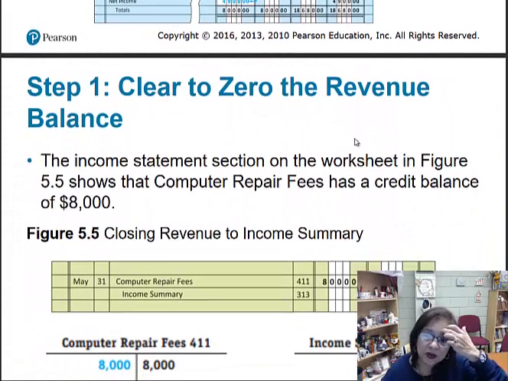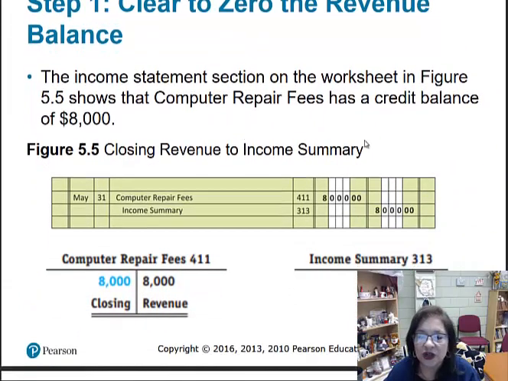To clear the revenue balance, this is what we're going to do. Your revenue, of course, okay, is a credit balance. So you're going to then debit it to zero it out completely. The reason why, again, is because you're bringing money in.